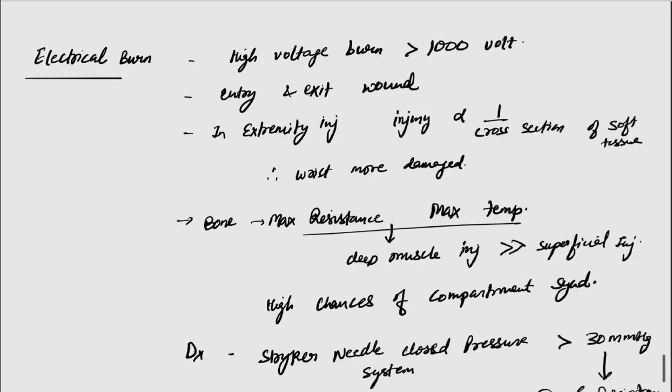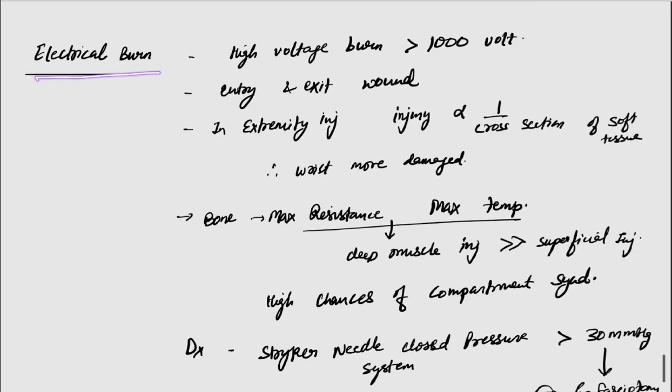Coming to electrical burns, they are considered high voltage burns if the voltage is more than 1000. There is always an entry and exit wound. In an extremity, injury is proportional to 1 upon the cross section of the soft tissue. That means the lesser the cross section, the more is the injury.